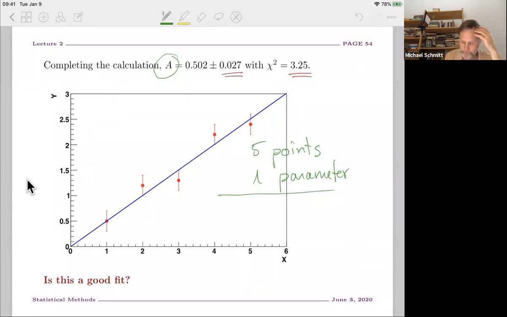So the rule is you subtract the number of parameters from the number of points, and you get 4 degrees of freedom. And that's really the true meaning of nu when we're talking about a chi-squared distribution. Okay. So the data points minus the number of parameters is the number of degrees of freedom, and that's what chi-squared corresponds to.